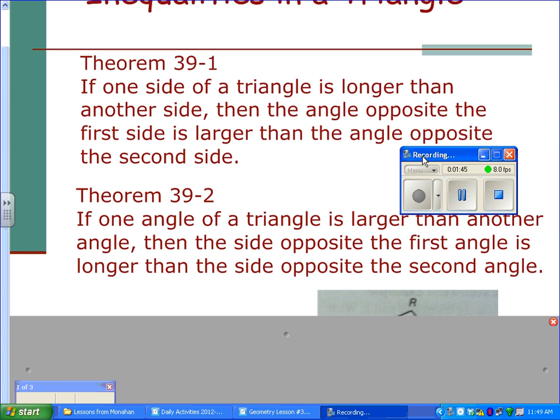The larger side is opposite the larger angle. Do these two theorems make sense?